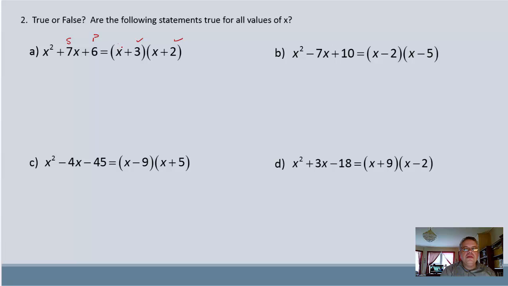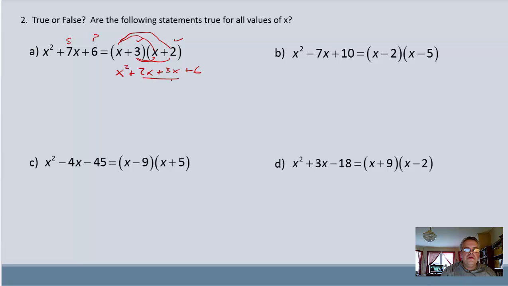So I'm going to use the everything-with-everything method. When I do x times x, we get x squared, plus I'm going to do x times 2, which is 2x, plus we get 3 times x, which is 3x, and 3 times 2, which is 6.